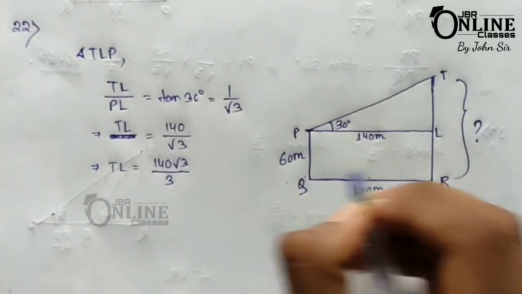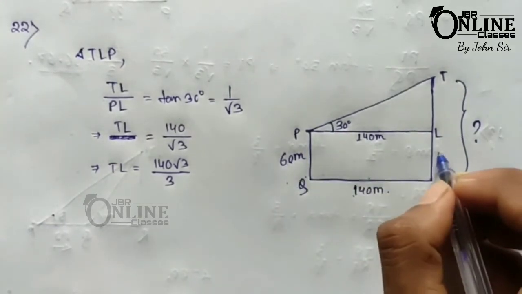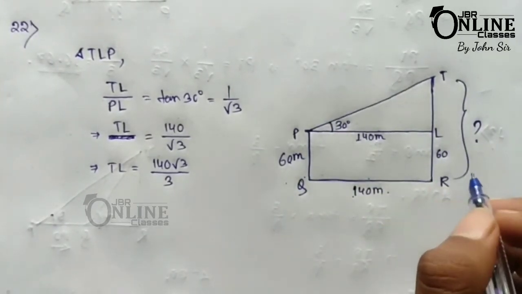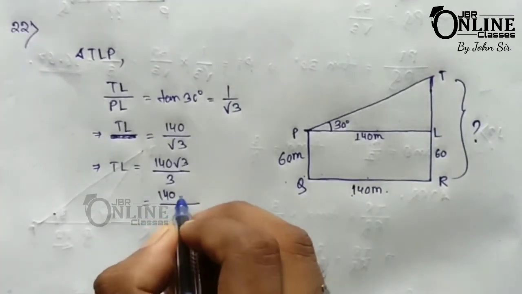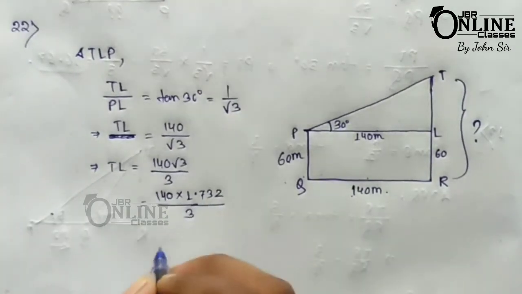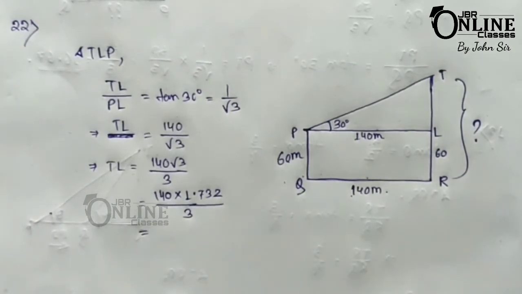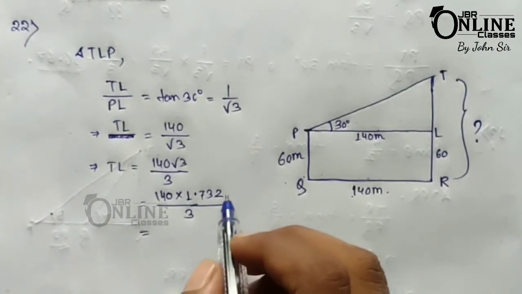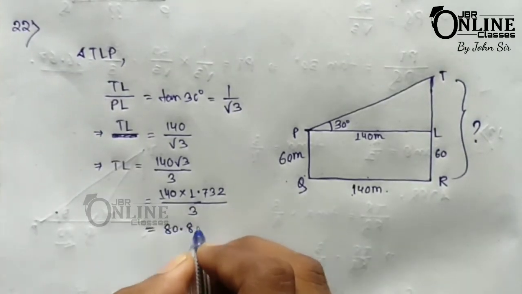Now as PQ is parallel to LR, and the length of PQ equals 60, the length of LR is also 60. So if we put down the value of 140 into 1.732 by 3, after calculation you will get 80.83.